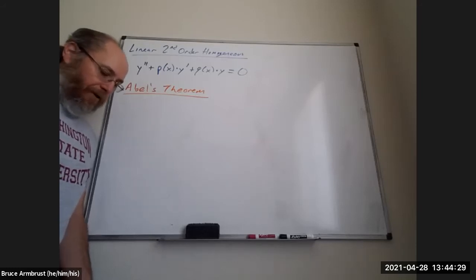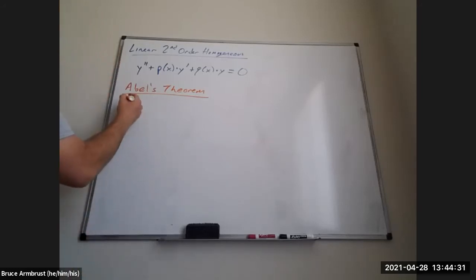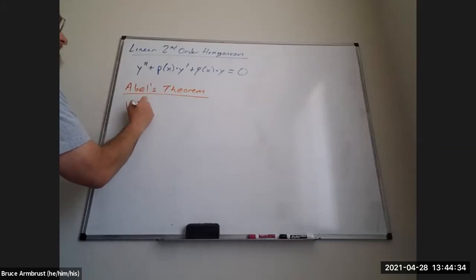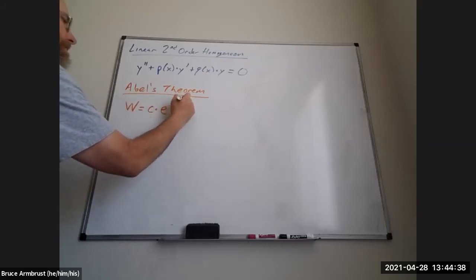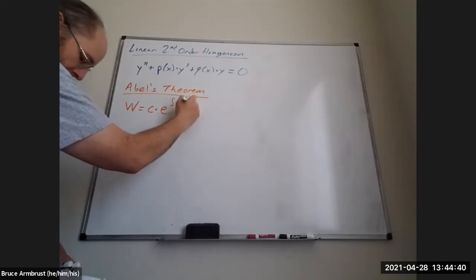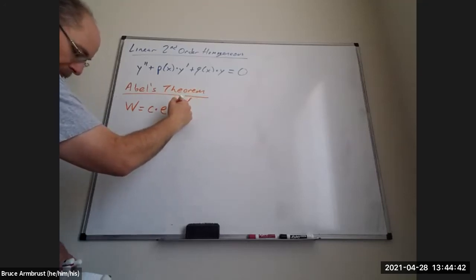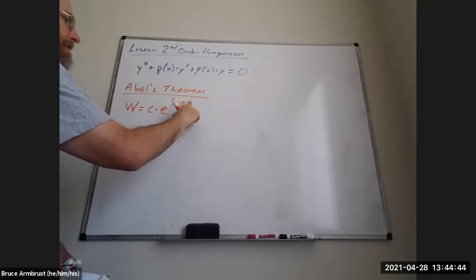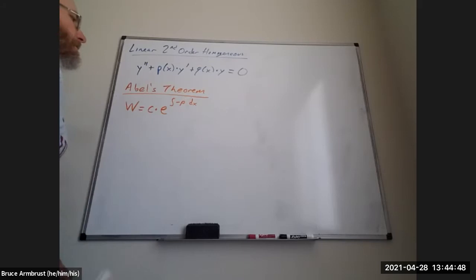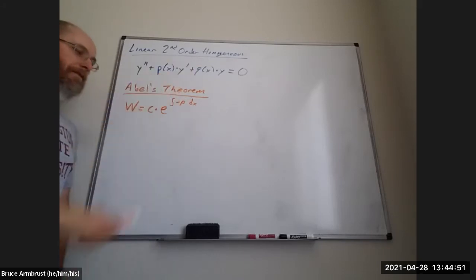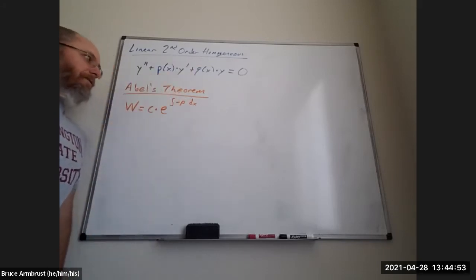What Abel's theorem tells us is that the Wronskian itself is going to equal e to the integral of negative p dx, because that's our variable right now, but it can be a t or whatever.